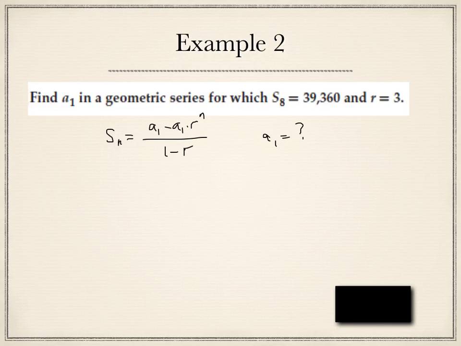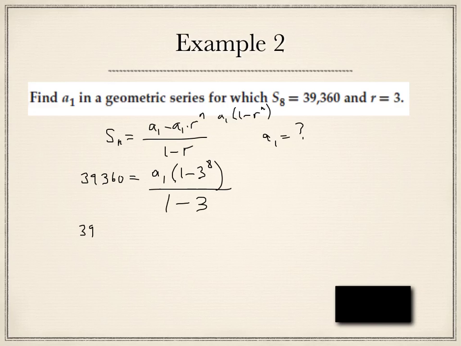So we just plug these in, and we end up with 39,360 equals a sub 1. I'm just going to use this form, so this becomes 1 minus 3 to the power of 8 all over 1 minus 3.